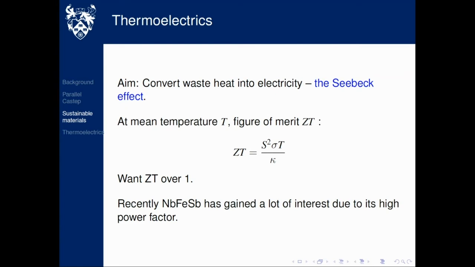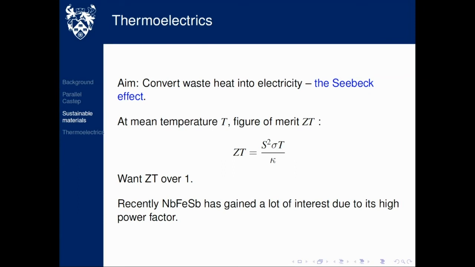So if we get something that starts getting into 1.4, 1.5, it's very usable, and the goal is as high as possible, but a practical goal is probably to have ZT above 3, which would make a substantial difference. Okay, we're a long way off getting to 3, but the higher the better. Commercially available materials that you could easily get have ZTs of somewhere between about 0.5 and 1 typically.